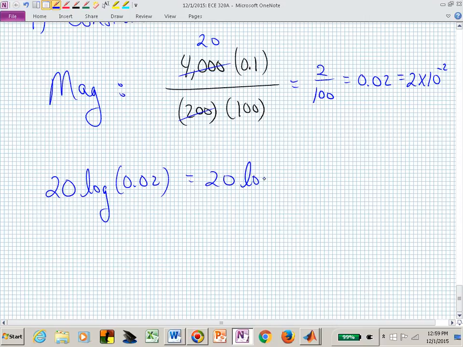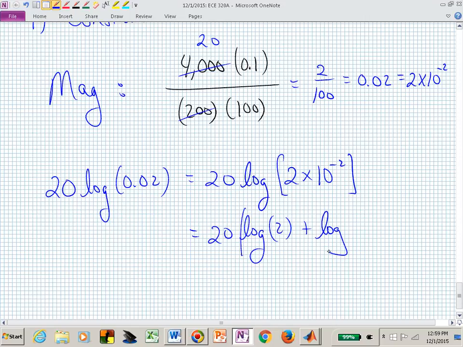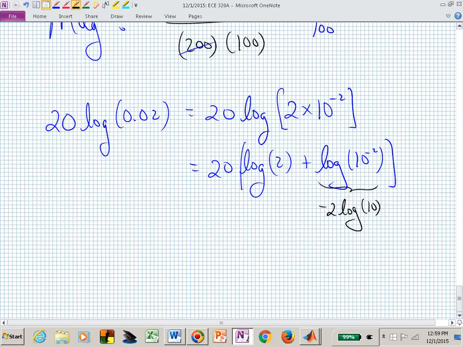But you realize that that's 20 times the log of 2 times 10 to the minus 2, or 20 times the log of 2 plus the log of 10 to the minus 2. And that minus 2 power on the 10, because these are logarithms, allows us to write that as minus 2 times the log of 10. And you already know what the log of 2 is.